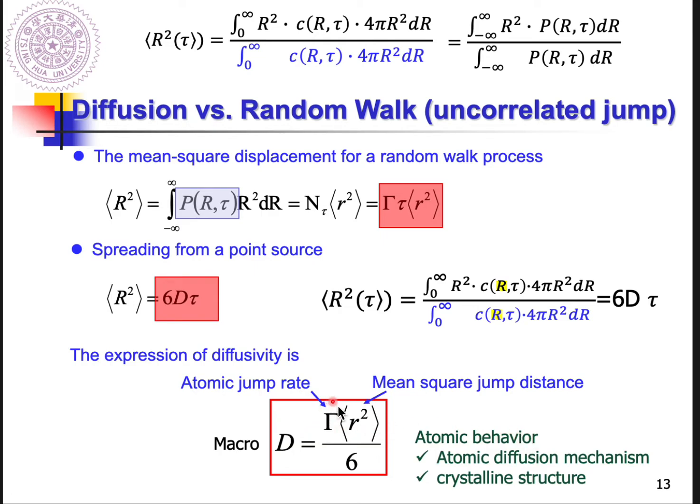What is the jump rate gamma related to? It is related to the energy barrier and temperature, as we mentioned in the first section, right? So the jump rate is correlated with bond strength, reduced mass, energy barrier, and temperature. And the jump distance is definitely highly related to the diffusion mechanism and crystal structure.